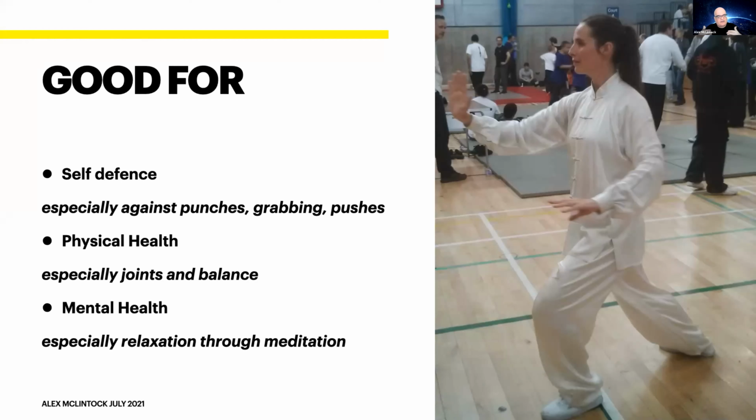It aims at helping you with people punching you, grabbing you, that sort of thing. It's definitely not something for dealing with knives or guns. If you like that sort of thing, there's a whole variety of martial arts aimed at that. This is much more about improving your confidence and hopefully getting out of that sort of situation.